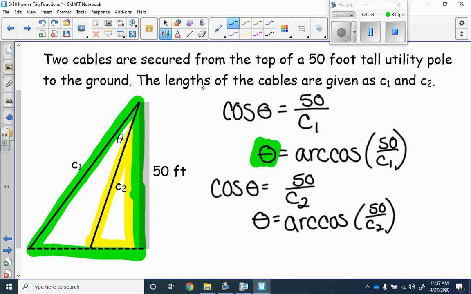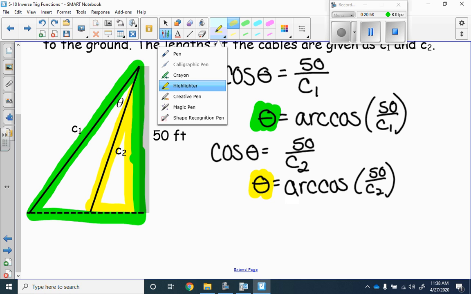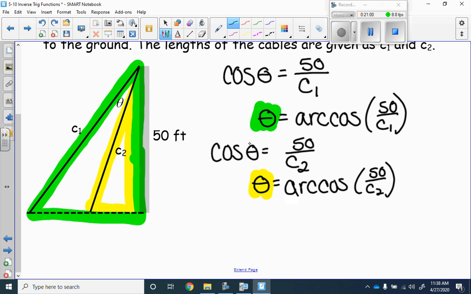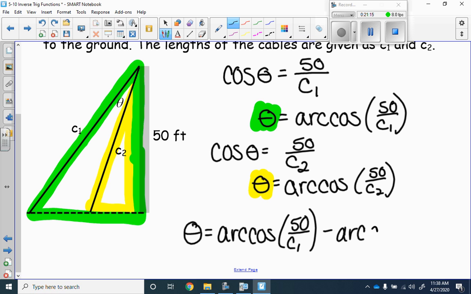And this is giving us what the angle would be for the yellow triangle. So now to find actually what theta is going to be, I would take the green angle, subtract the yellow angle. So theta would be arc cosine of 50 divided by C1 minus arc cosine of 50 over C2. So just showing you how you can work the inverse functions into our everyday problems.